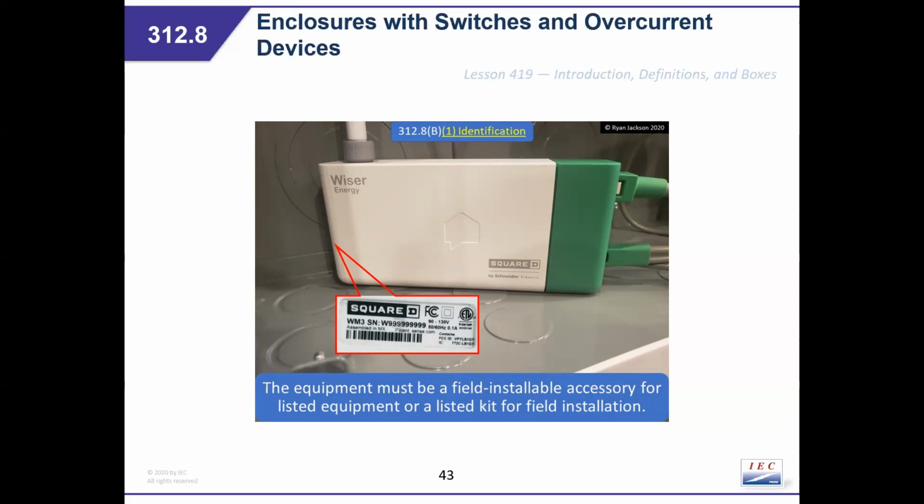So enclosures, we're still under 312.8a: enclosures with switches and overcurrent devices, panelboards, load centers. To be inside that enclosure, it has to be identified as such. It's got to be a field installed accessory for that equipment or a listed kit for field installation.